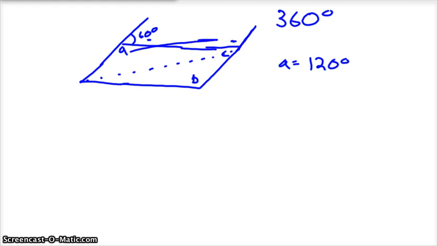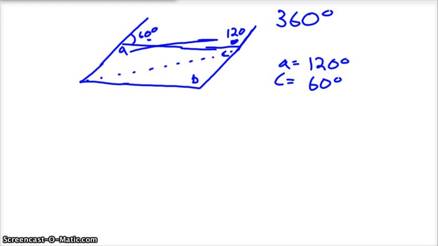So this angle right here actually equals 120 degrees. So that means C equals what? 60 degrees. Okay? 60 degrees. Right?